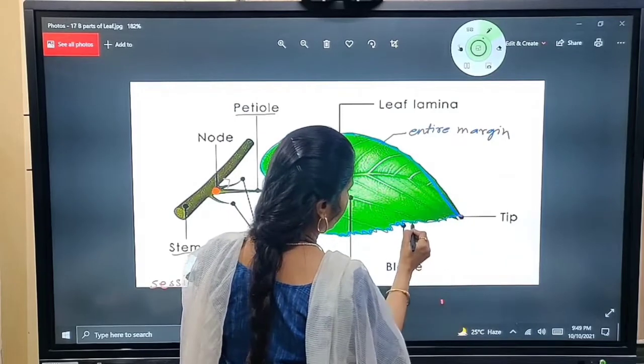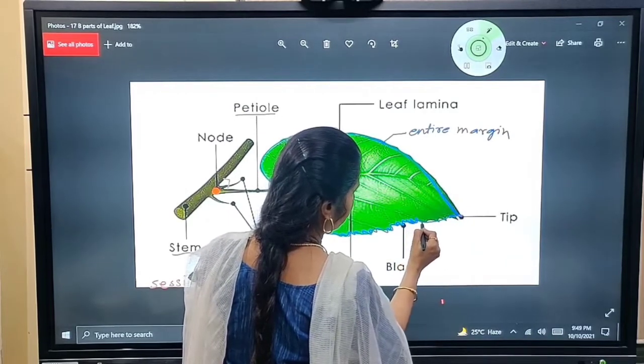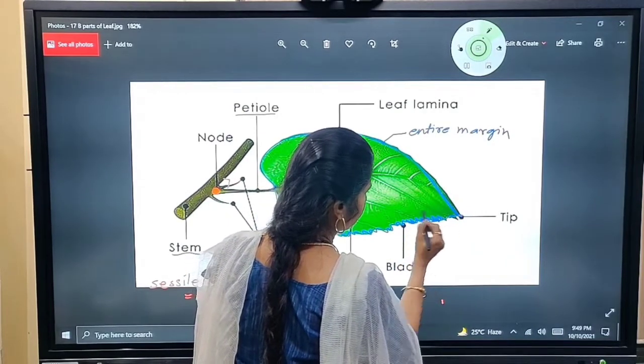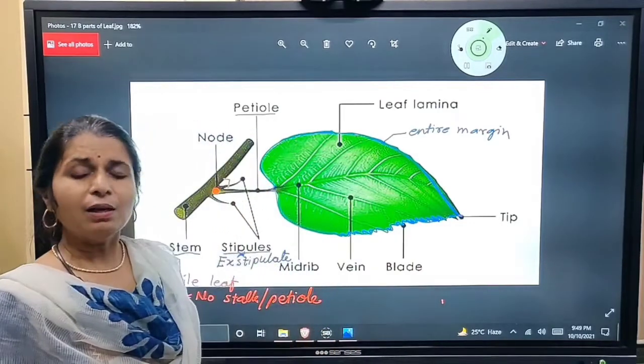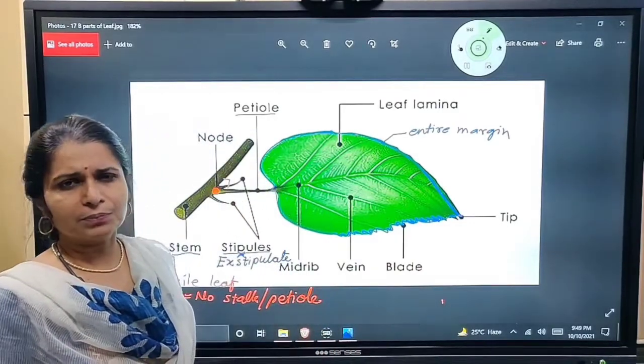Okay, और अगर ये ऐसे वेवी है, then it is called serrate margin. अब इतना डिटेल फैमिली में हमको लगेगा, just telling you.